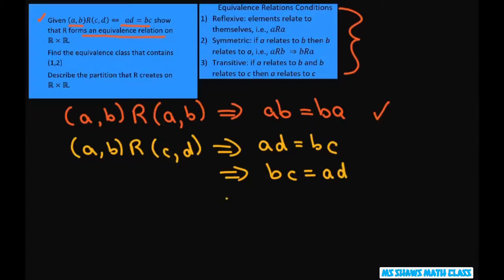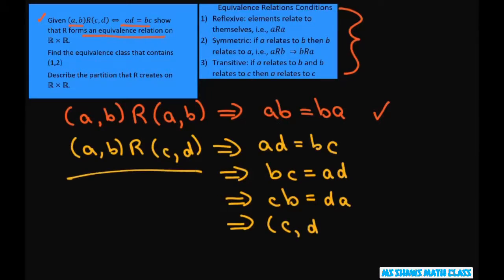Therefore, we can also write CB equals DA. Therefore, (C, D), and we're reversing that, is related to (A, B). Hence, R is symmetric. So this is reflexive, and this is symmetric.